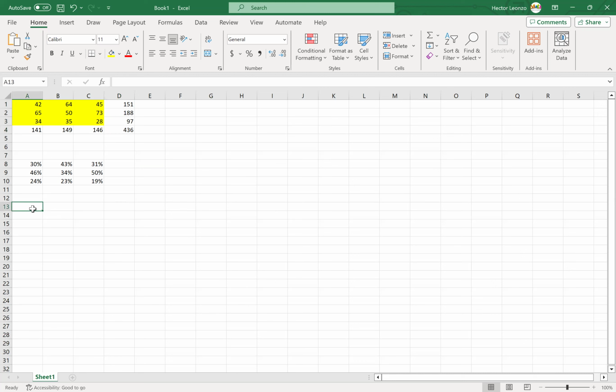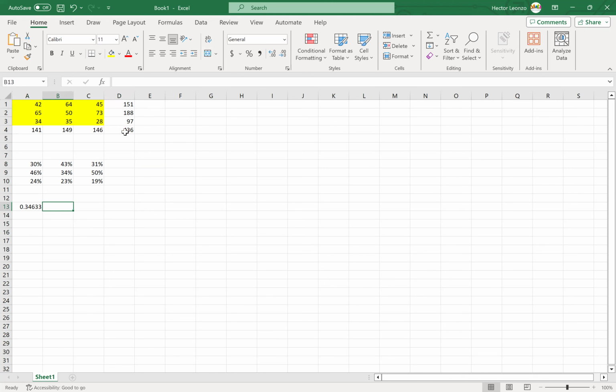So for this, let me press the equal sign here. I'm going to say 151, because that's all of my A1s, divided by 436. So all of my A1s divided by my whole total gives me 0.34633.